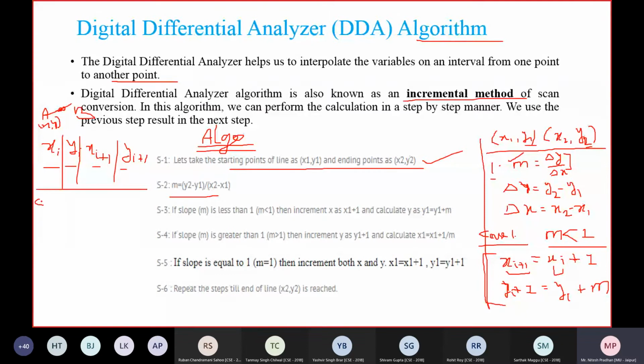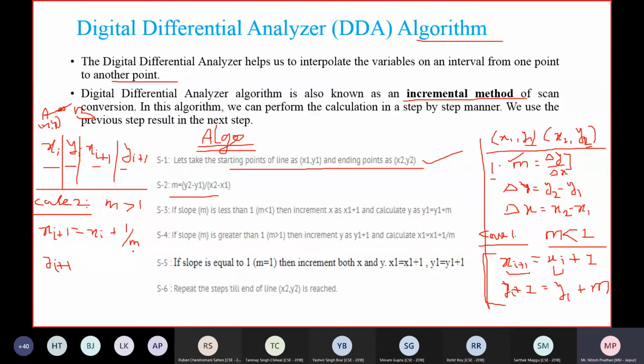Now see what is case 2. Case 2 means when your m is greater than 1. In that case, guys, we will see how you find the next coordinate of x as well as the next coordinate of y. You have to find the next x coordinate as xi plus 1 divided by m.